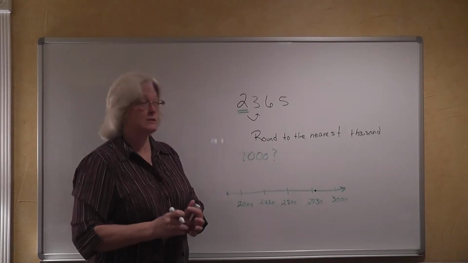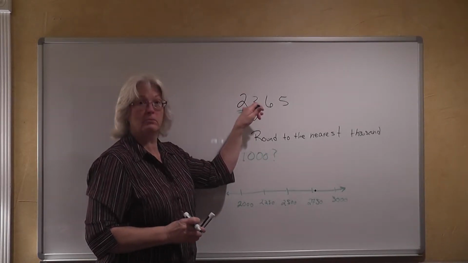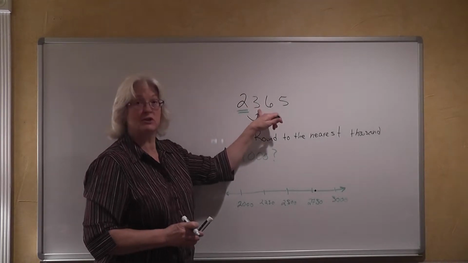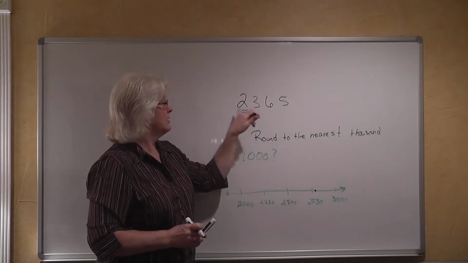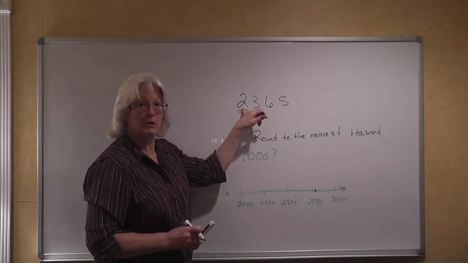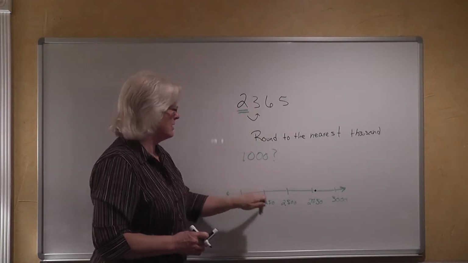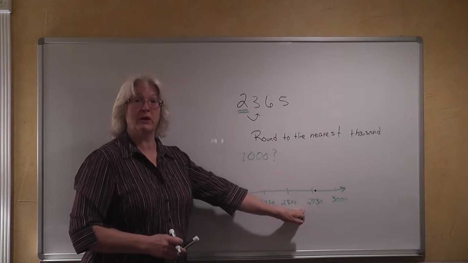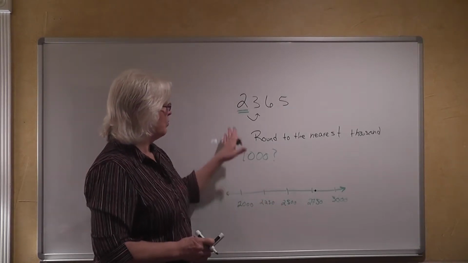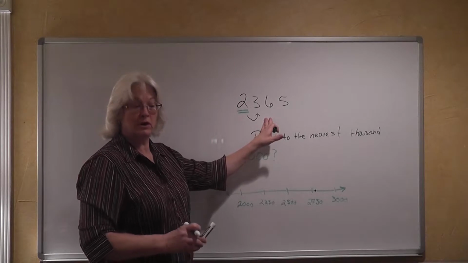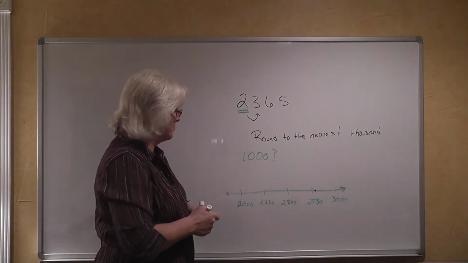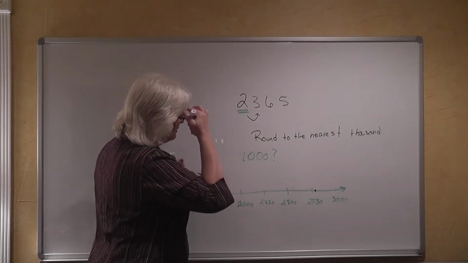Well, doesn't it make sense? Because I said, if this second digit is a 5, 6, 7, 8, or 9, I'm going to make that 2 go up. Well, if it's less, shouldn't the 2 go down to 1,000? No. Look at our picture here of our number line. Where is 2,365 going to be approximately on this number line?